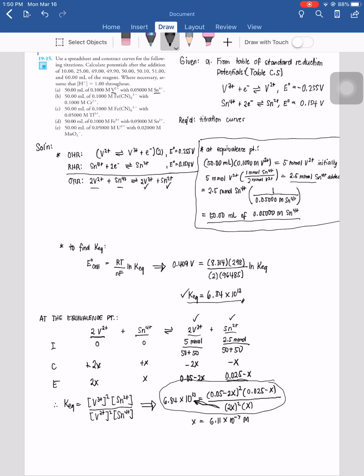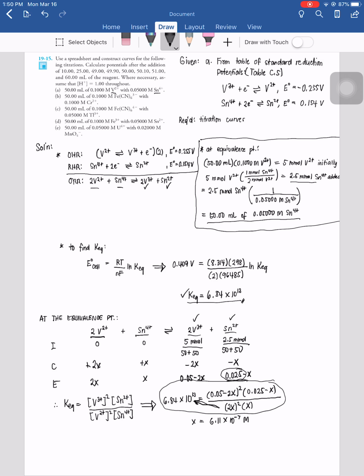So how can I assess if the value given to me by the calculator is believable or not? Obviously, you cannot have negative concentrations. The value I got earlier, 0.56 molar, will give you 0.025 minus 0.56 equal to negative 0.535.